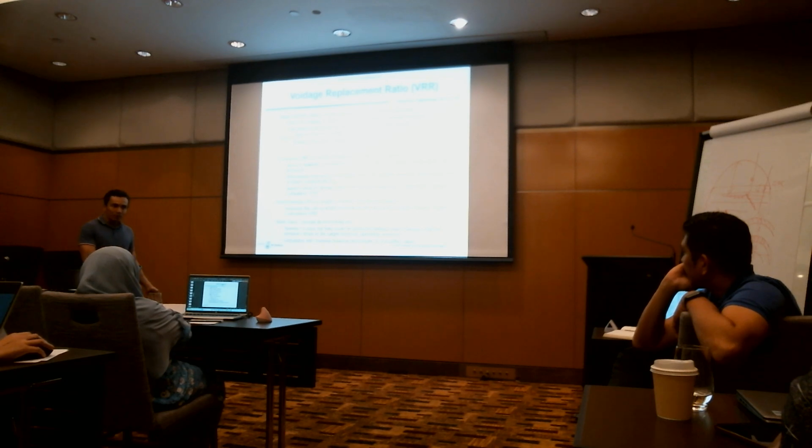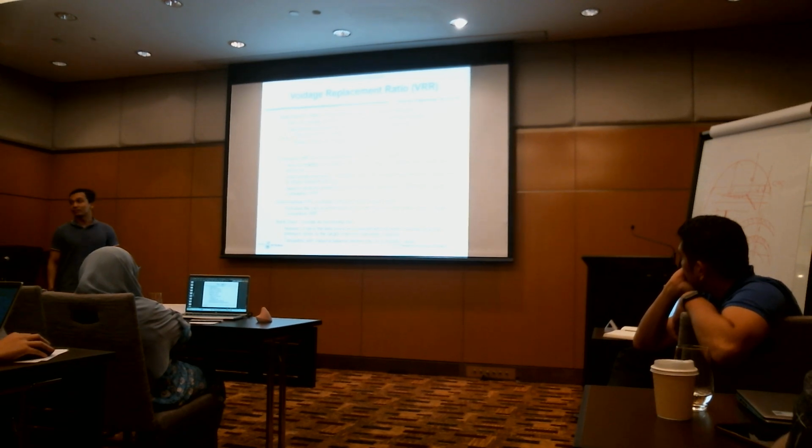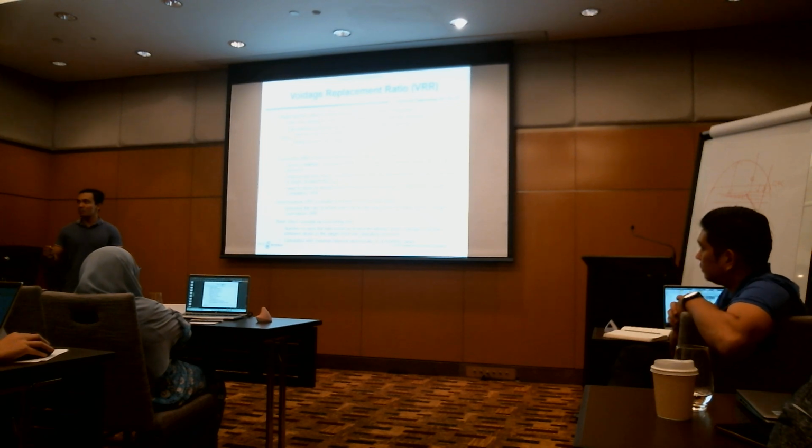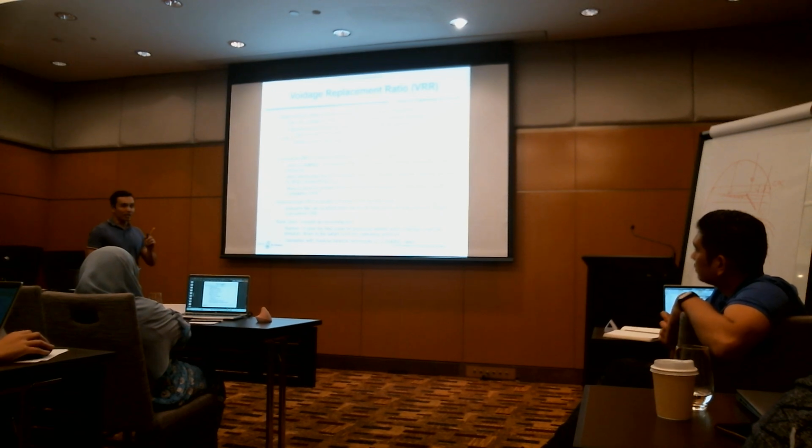How much you displace, you must replace with the same amount. So typically, it's 1. You want to maintain cumulative VRR equal to 1 in order to maintain the reservoir at initial pressure. From day 1, cumulative VRR must be 1. Then you expect the pressure will be maintained as initial.